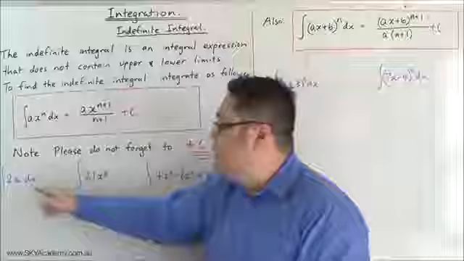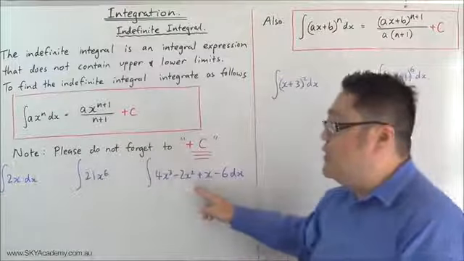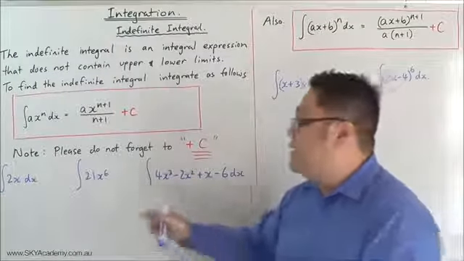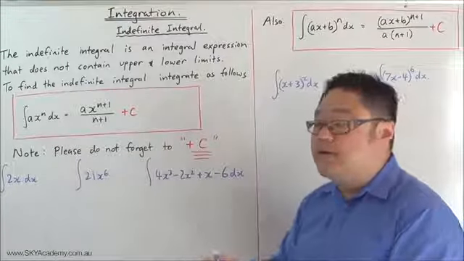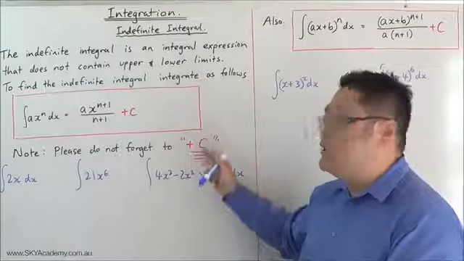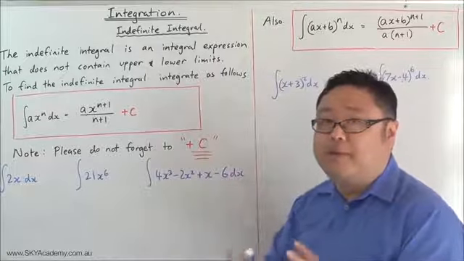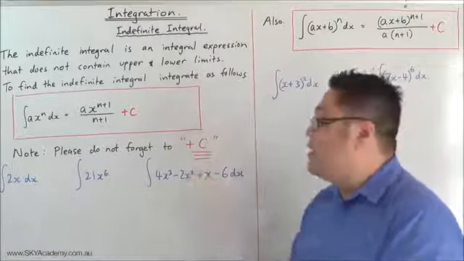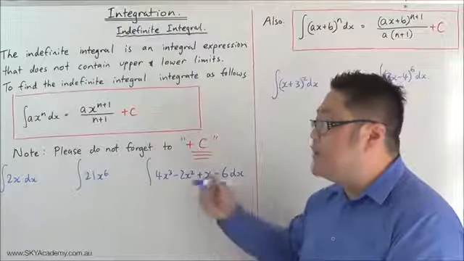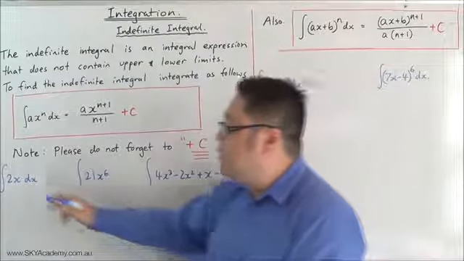So let's have a look at how we might do each of these. I'll do these examples in blue, but I'll add the plus c in big fat red letters, just so you know that it went missing and that we need to account for it.